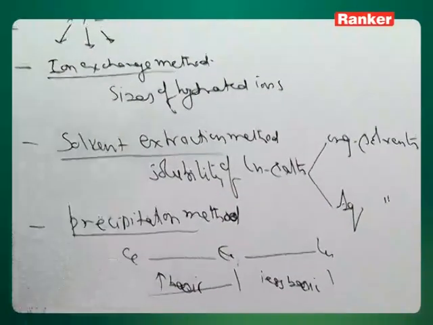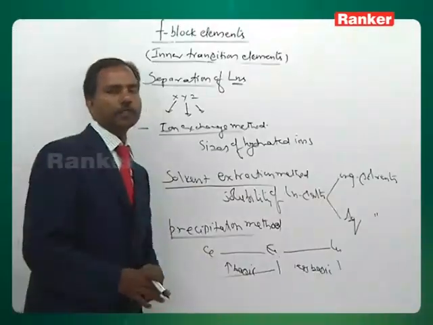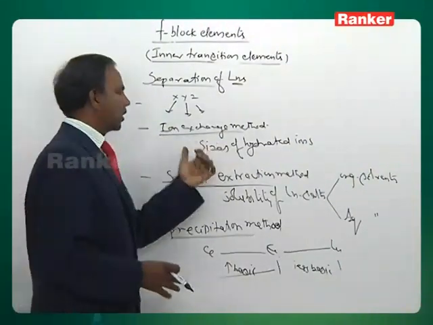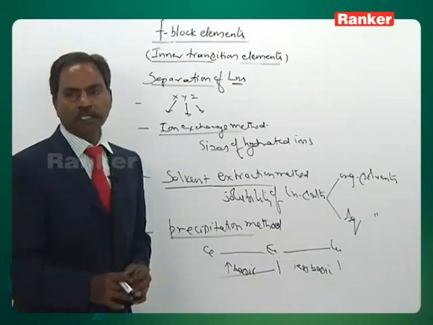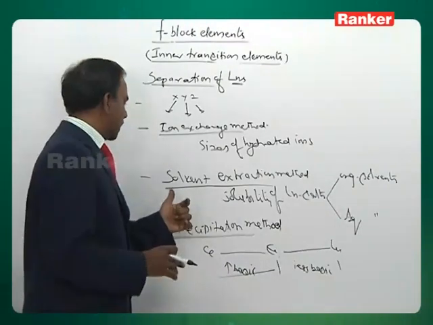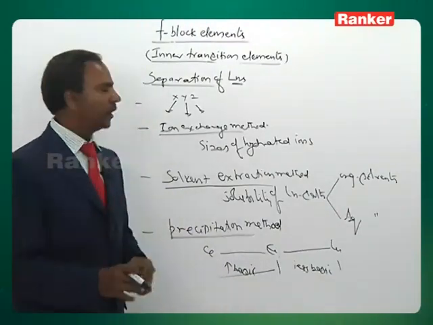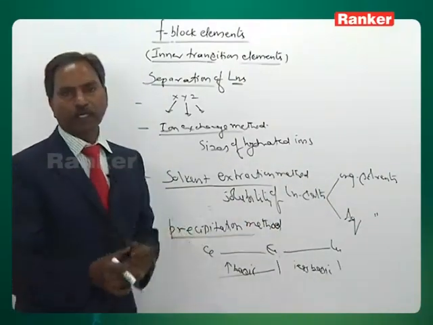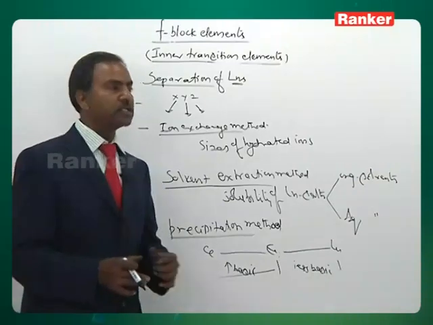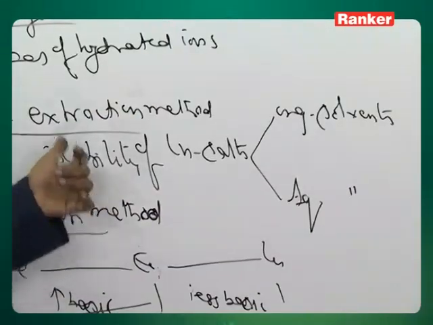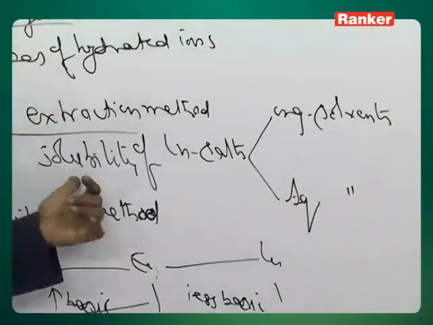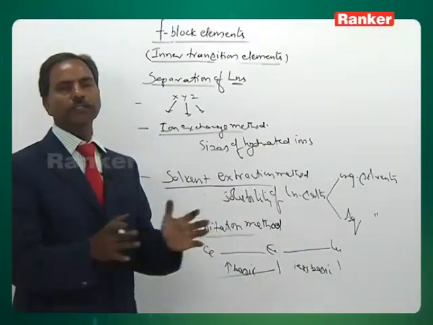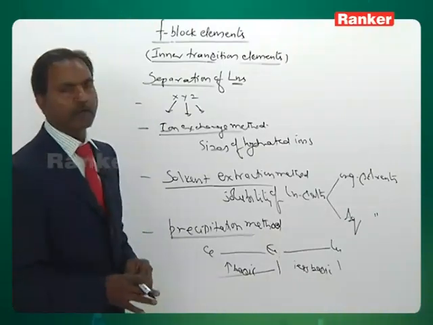These are the three methods we apply. What you have to remember is which factor each method depends on. The ion exchange method depends on the sizes of hydrated ions, and the solvent extraction method depends on the solubility of lanthanide salts, whether in organic or aqueous solvent. Some salts are highly soluble in organic solvent, and some are more soluble in aqueous solvent, and based on their solubility, we can separate one from the other.